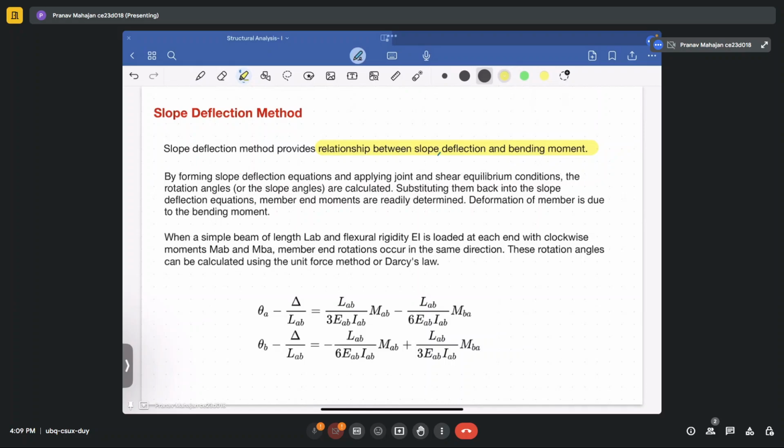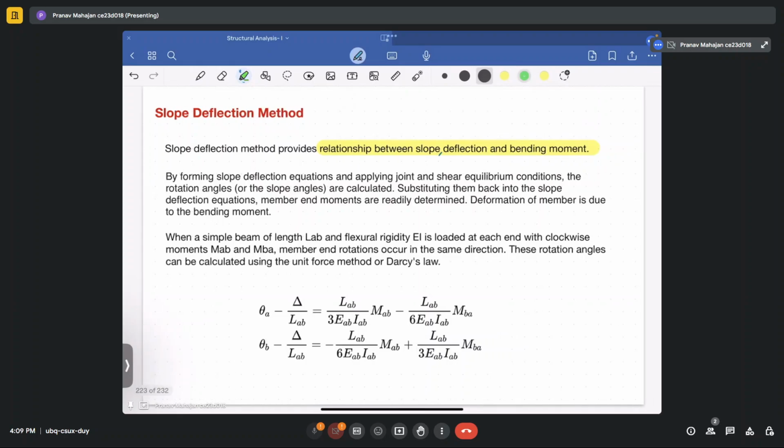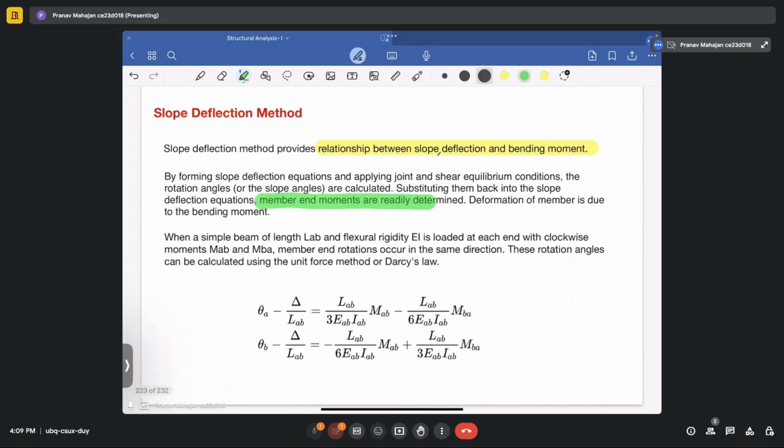After calculating these rotation angles, we will substitute them back into the slope deflection equation, and then the member end moments are readily determined. So if we have the value of theta available, we will utilize it in the slope deflection equation and calculate the end moments of that particular span.